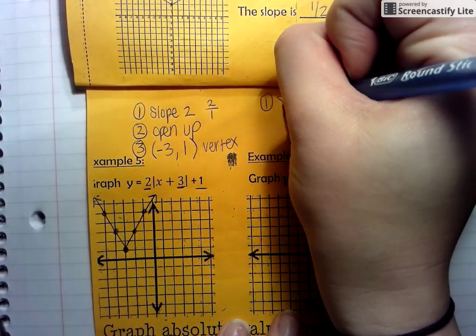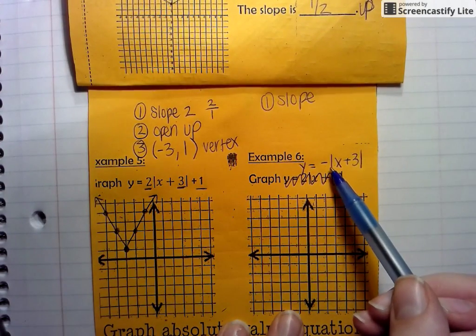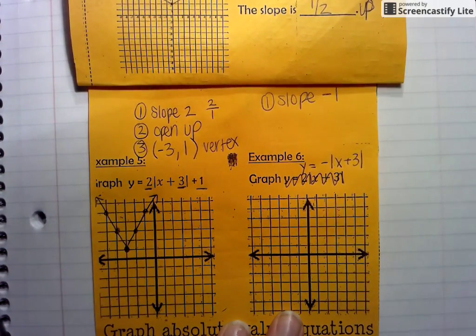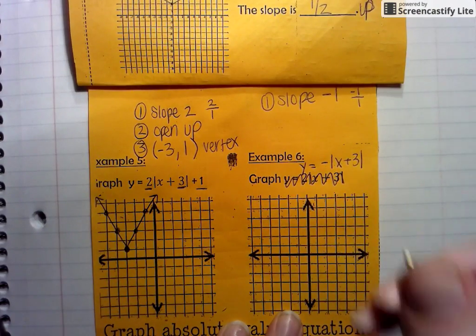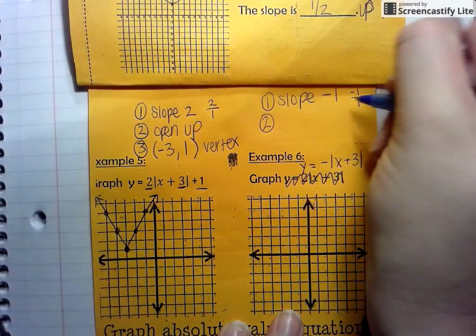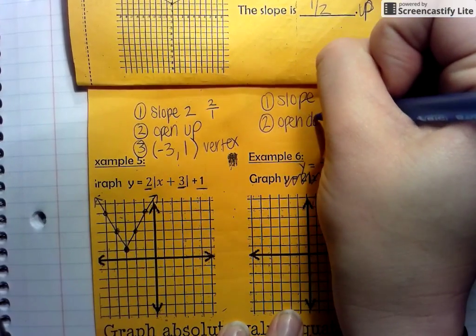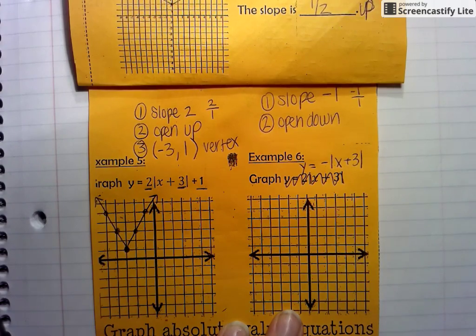So we're always going to identify our slope. If it's a negative value on the outside, it's really standing for a negative 1. So we're going to have a negative 1 slope, or you could say negative 1 over a positive 1. Now, because it's a negative slope, that means it's going to open down. So that would mean that our vertex is going to be our maximum point because it's the farthest point up.